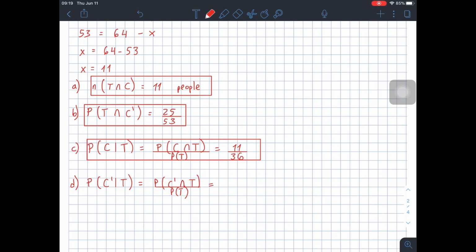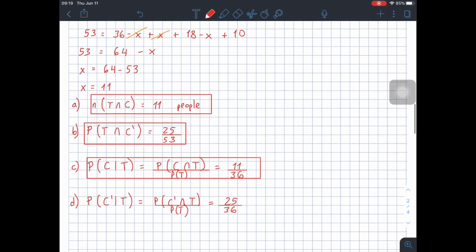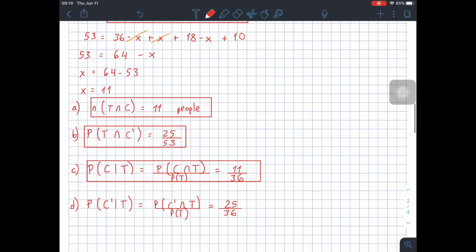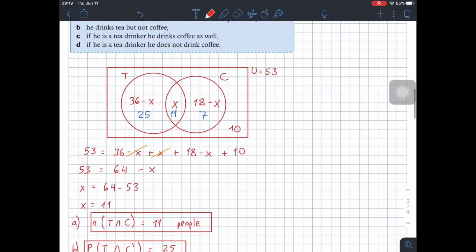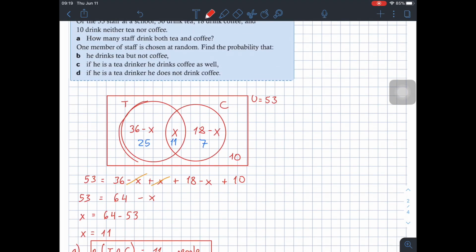sorry, this is probability. So we're only staying with this numerator, which is 25 out of our new universe, which is 36 people who drink tea. Okay, if you want to look at the reasoning behind this, if we want to find people who do not drink coffee, given that they drink tea, then our new universe is T, right, which is 36.